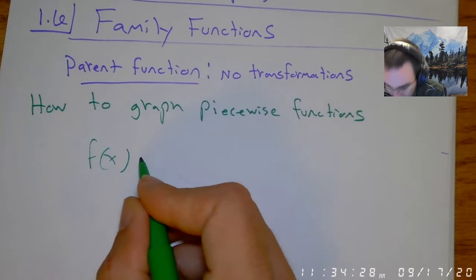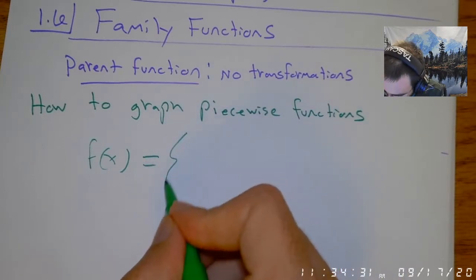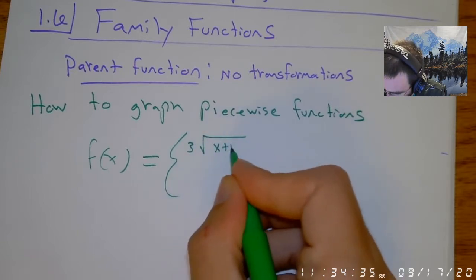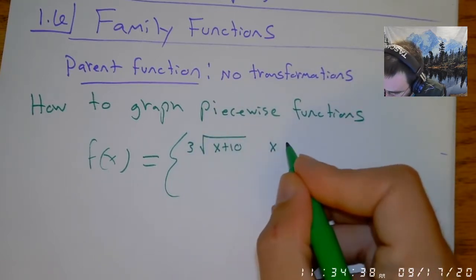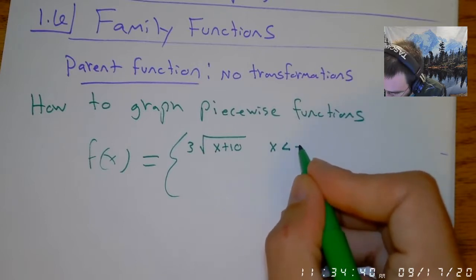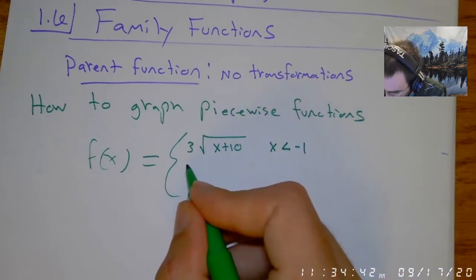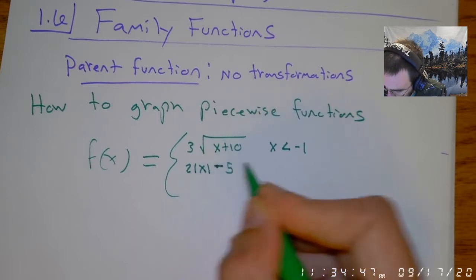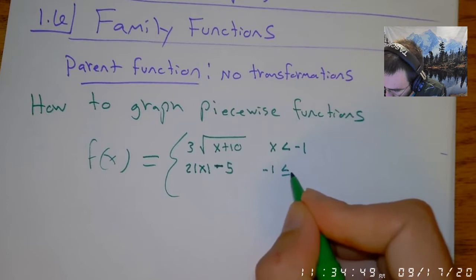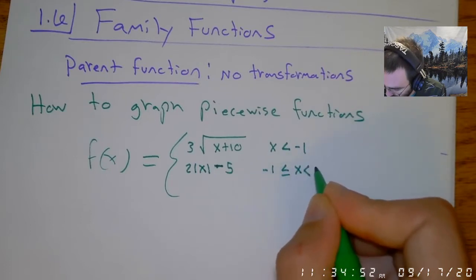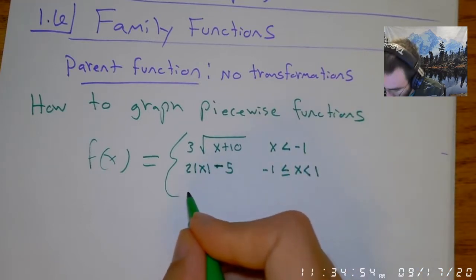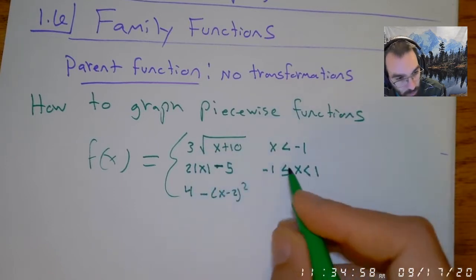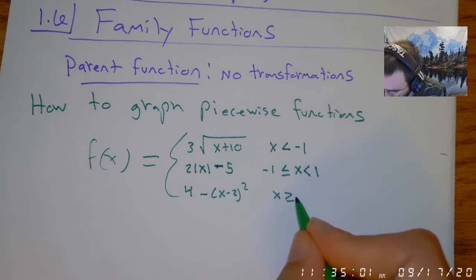So this is going to be f of x equals, and then we're going to go 3 square root of x squared plus 10 if x is less than -1. And then we're going to have 2 times the absolute value of x minus 5 if -1 is less than or equal to x is less than or equal to 1. And then 4 minus (x minus 2) squared if x is greater than or equal to 1.